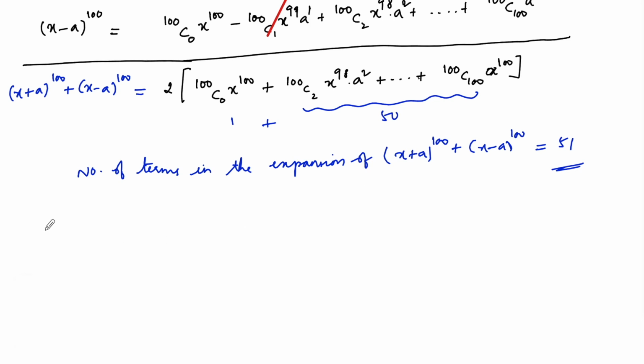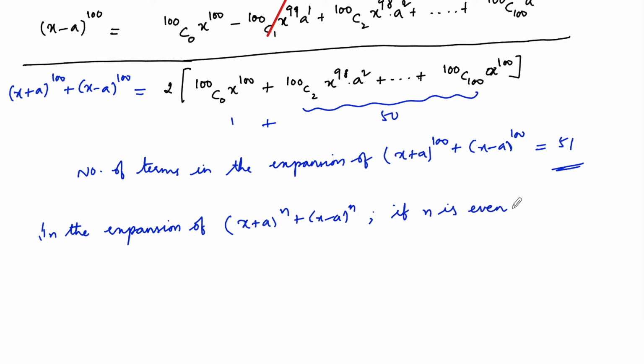In the expansion of (x + a)^n + (x - a)^n, if n is even, then the number of terms is equal to n/2 + 1.